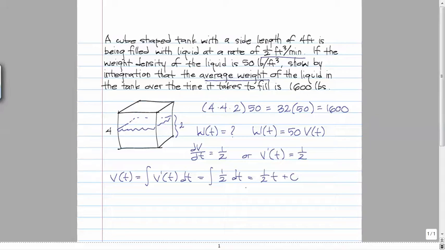Using our initial value, we get V of 0 is equal to 1/2 times 0 plus C is equal to 0, an empty tank, and that means that C is equal to 0, which lets us move back here to a volume function with respect to time of 1/2 t.